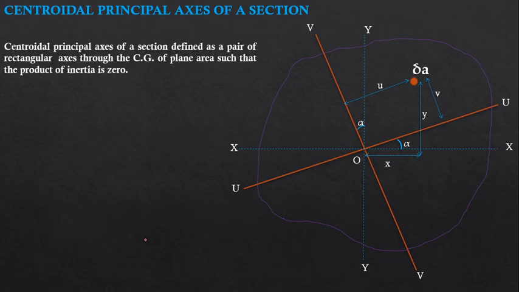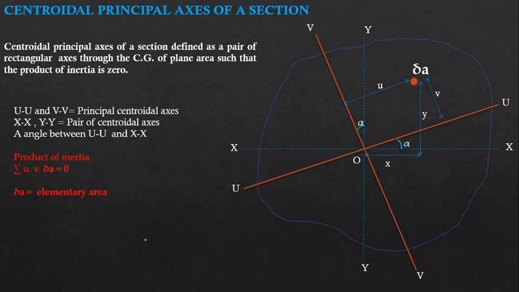We know the pair of principal centroidal axes of a section is defined as a pair of rectangular axes through the CG of the plane area such that the product of inertia is zero. So if UU and VV are the principal centroidal axes and X and Y are the pair of centroidal axes, the angle between UU and XX will be theta.